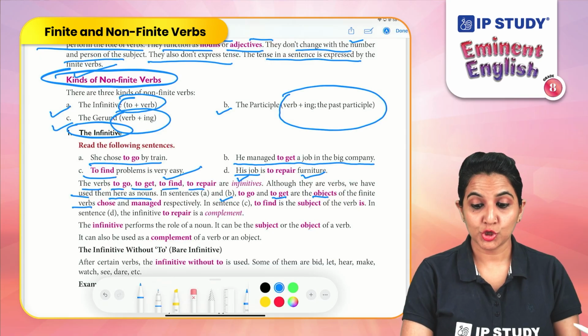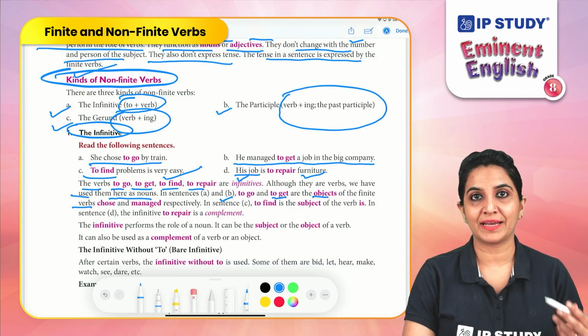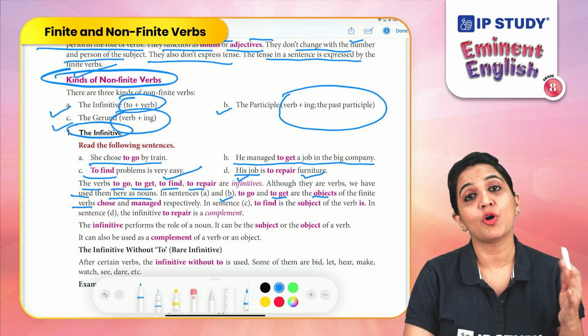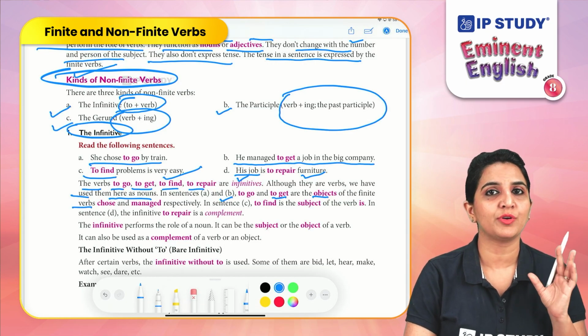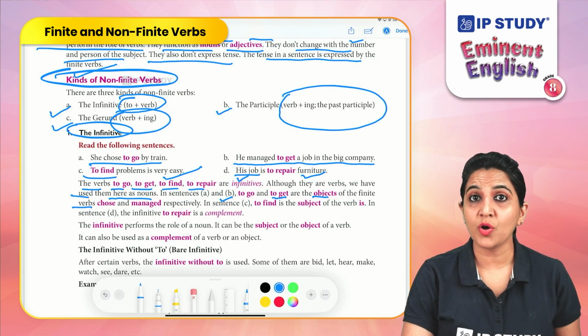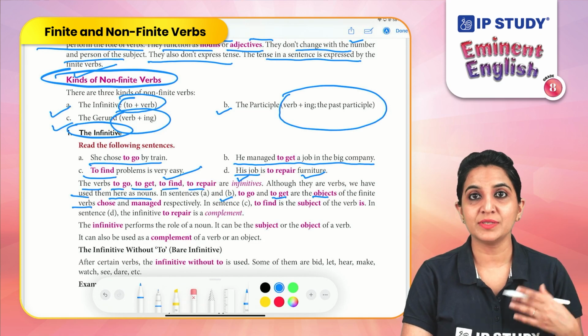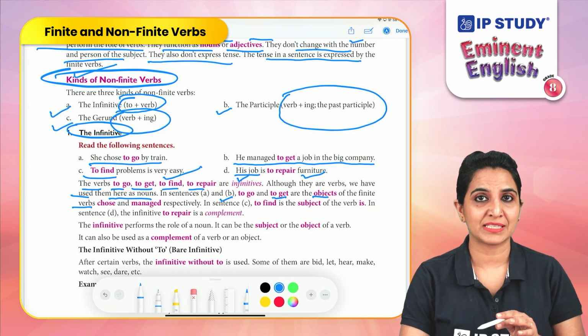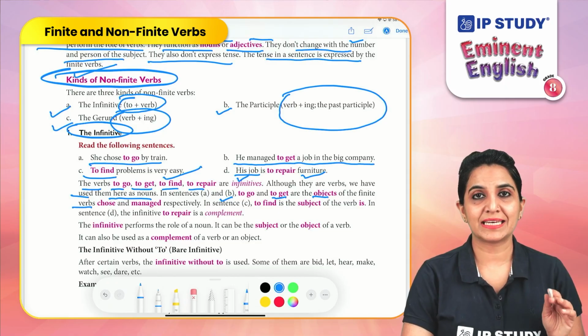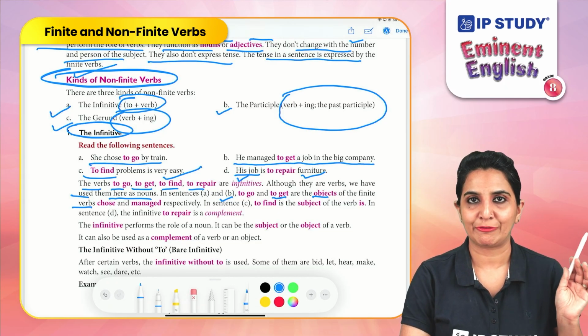Very good. Chose and managed are the finite verbs. As we have already discussed, a sentence cannot be formed without a finite verb. But along with the finite verb, we use the non-finite verbs as well. And when we use the base verb along with to, it is an example of the infinitive.